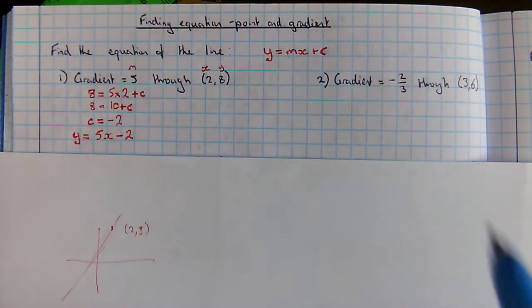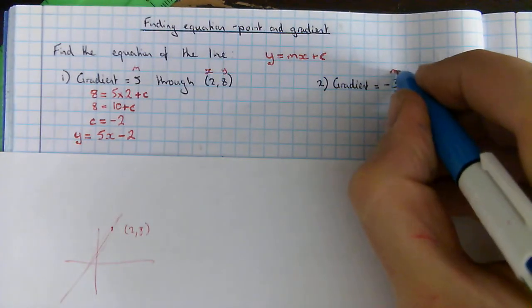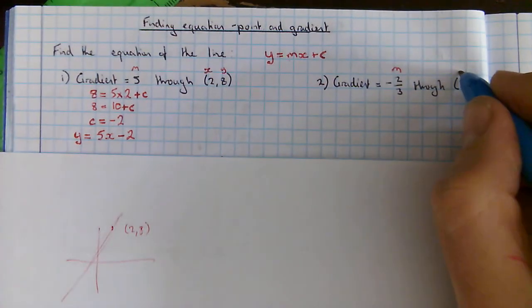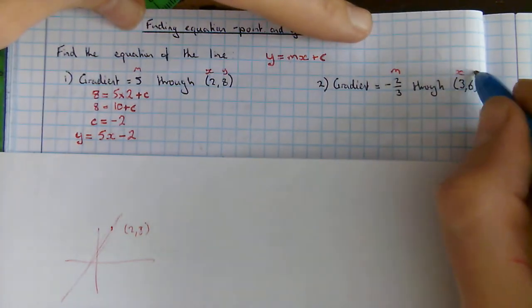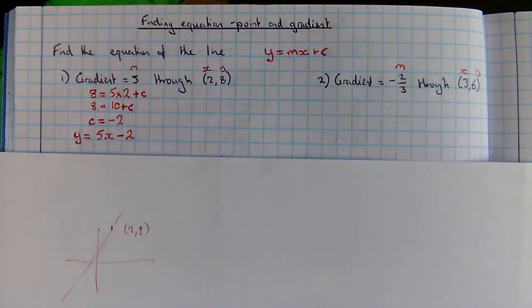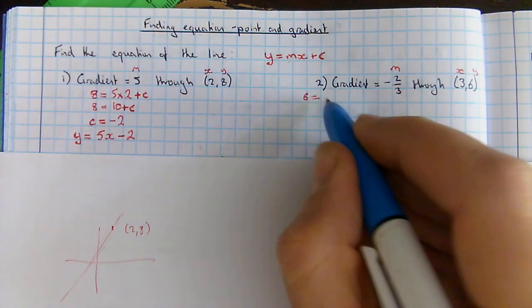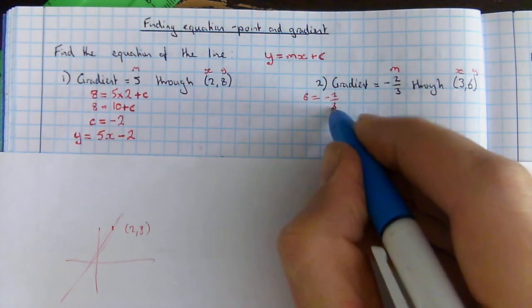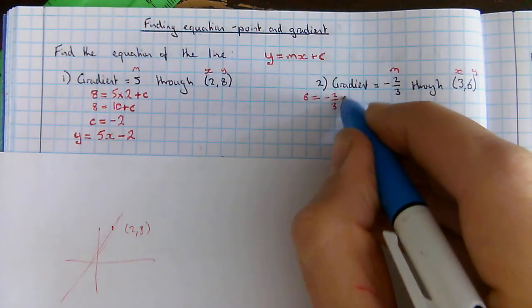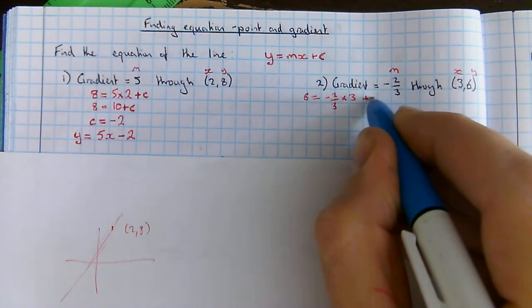Okay, let's have a go at the next one. So, we know that the gradient is minus 2/3, x is 3, and y is 6. So, we're going to rewrite the equation of the line with the bits we know. Well, we've got 6 equals negative 2/3 of x plus c.